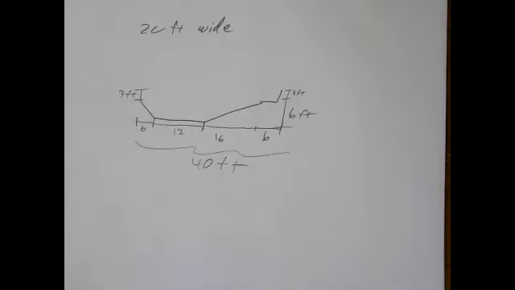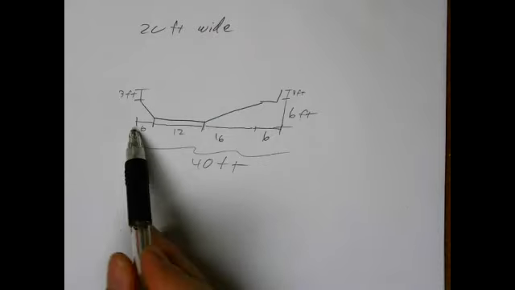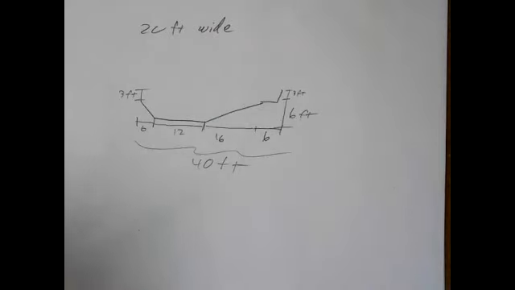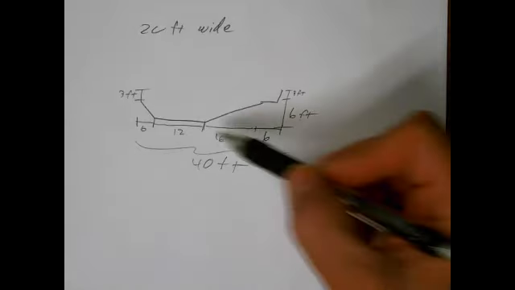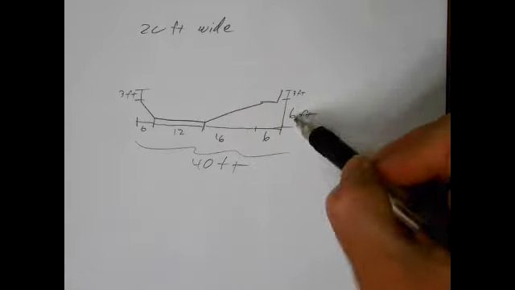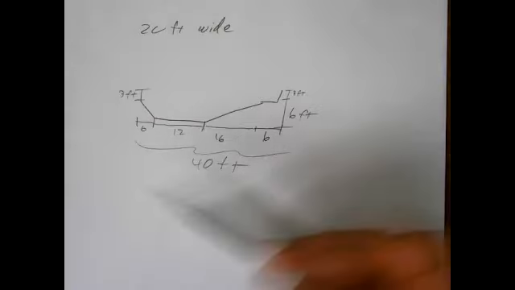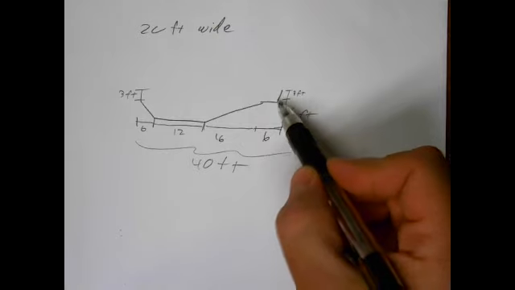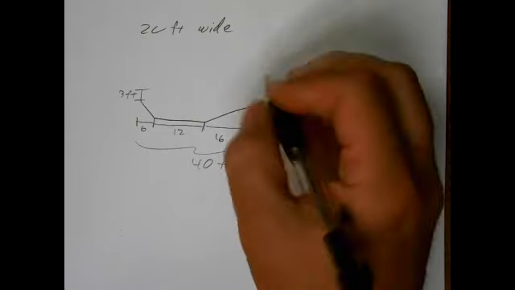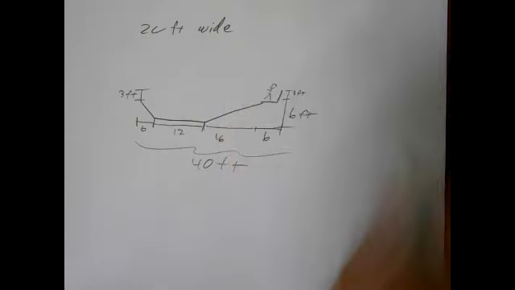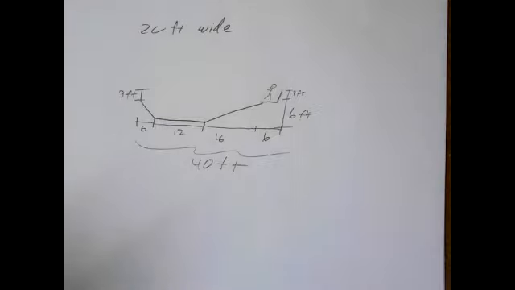So here's what they tell us. A swimming pool that is 20 feet wide, again, wrote that down, 40 feet long, which is what you get when you add all those together, 9 feet deep at its deepest point, which is the 3 and the 6, and 3 feet deep at its shallowest point, which would be up here. If you were standing right here, you'd be at the shallowest part of the pool.